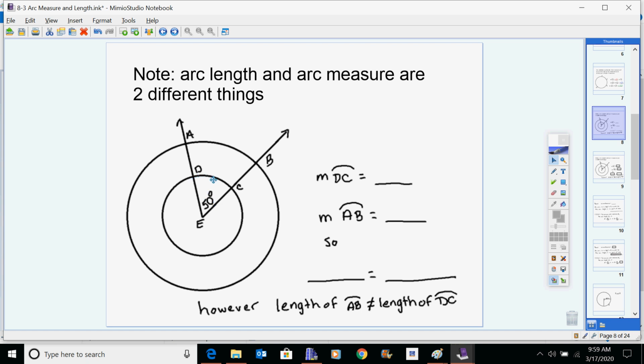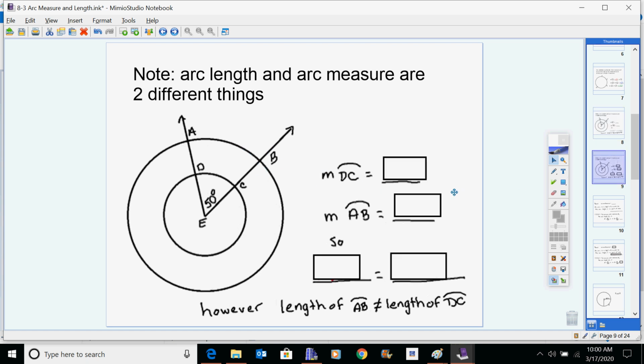So the measure of arc DC is actually the same as the measure of arc AB. That's a little bit strange to get your head around. The measure of arc DC is 50 degrees, because it goes with the central angle. The measure of arc AB is also 50 degrees because it matches the central angle.